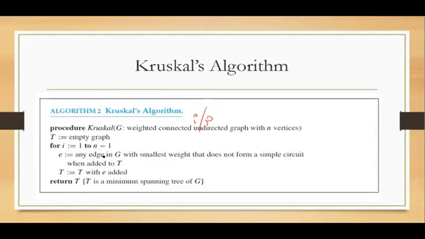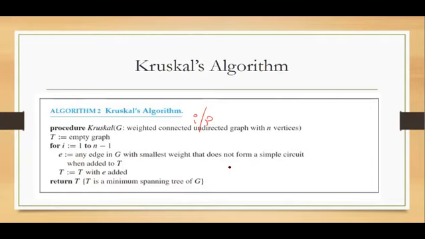And what you are supposed to do is take any edge with the smallest weight that does not form a simple circuit when added to T. So first the smallest, then the next smallest, and this will continue till we have added all the vertices. So T with e added, and we keep on continuing n minus 1 times. Finally, we get a minimum spanning tree T.